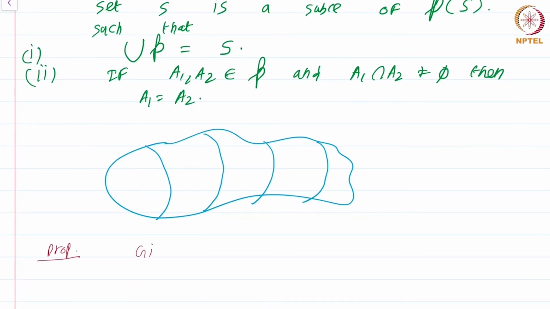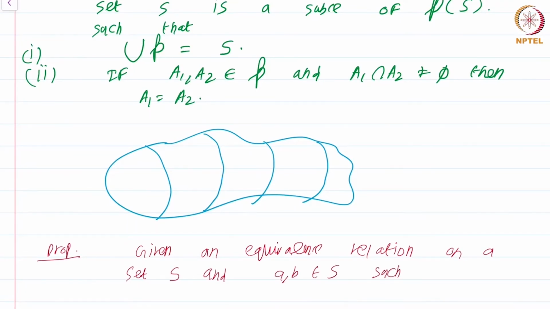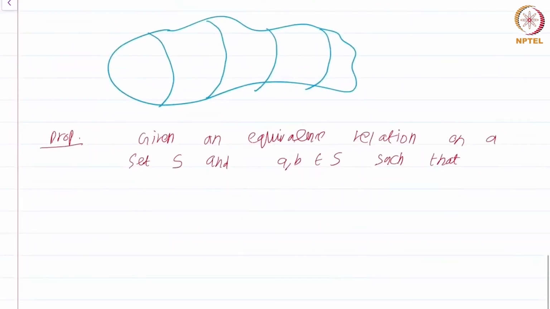Given an equivalence relation on a set S and A, B in S such that the equivalence classes of A and B intersect, then A is equal to B. Note that this is the second property of a partition.